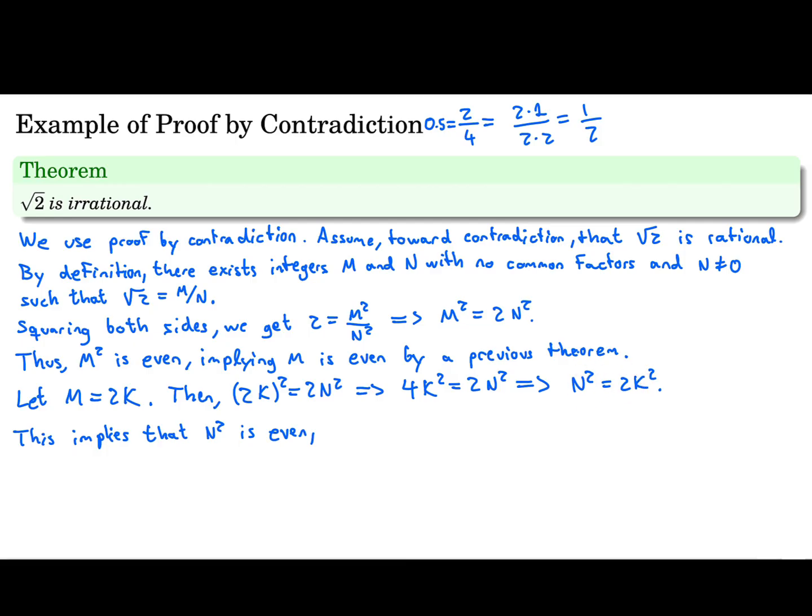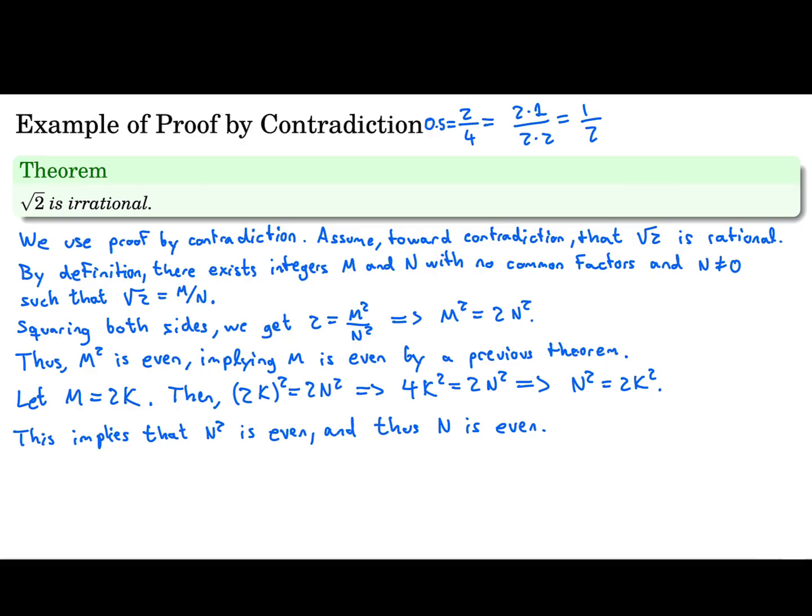And we already saw that if n squared is even, then also n is even. And thus, n is even. Again, we proved this using the contrapositive. But now you have an issue here, because notice that both m, so let me highlight this here.